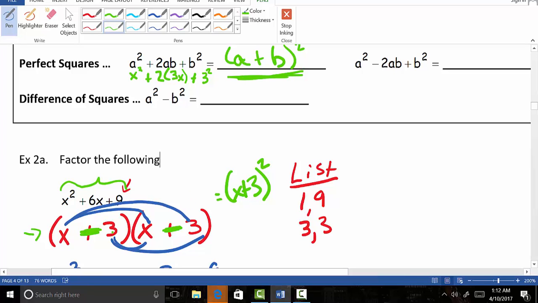And then lastly, when you multiply the two last numbers together, negative 3 times negative 3, you still get that positive that you're seeing here from the definition. So the only difference between this one and the one on the left was the sign inside that parenthesis being negative. But it's still now a minus b quantity squared.